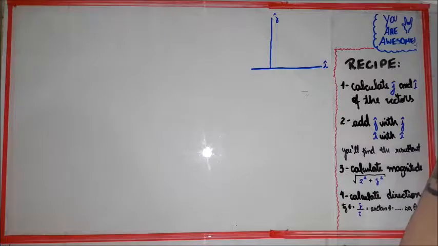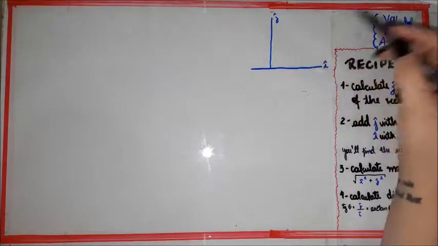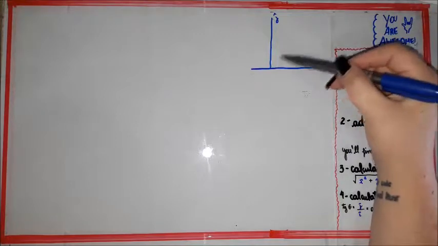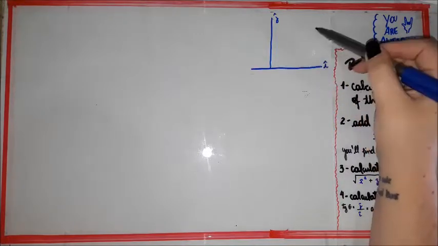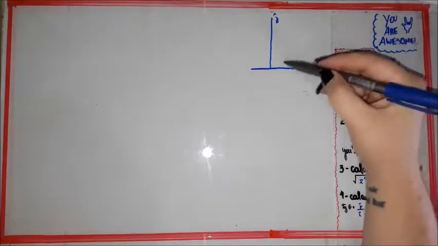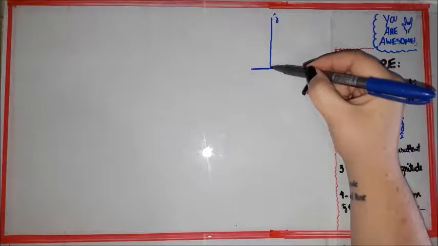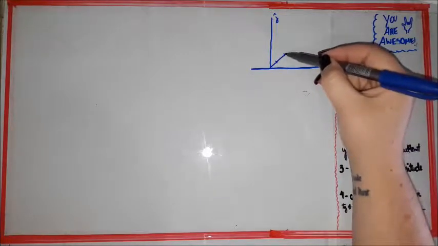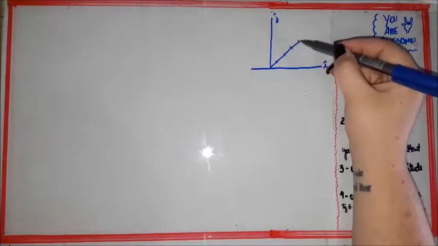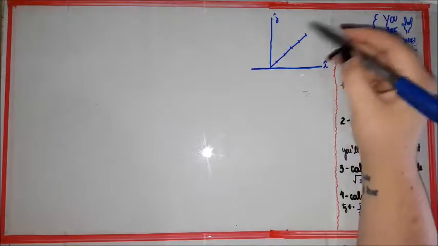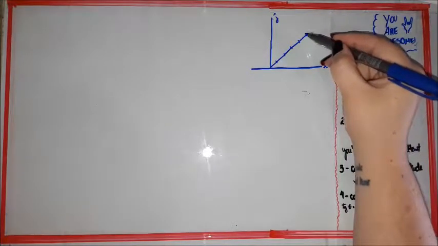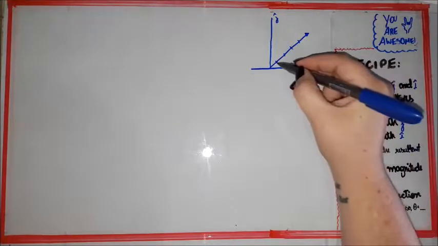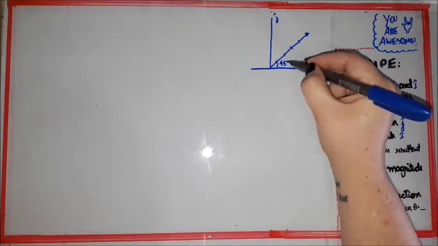Our first vector, the A vector, is at 45 degrees, so it's in this direction, and it has 5 of magnitude, 5 meters per second, pointing at 45 degrees.